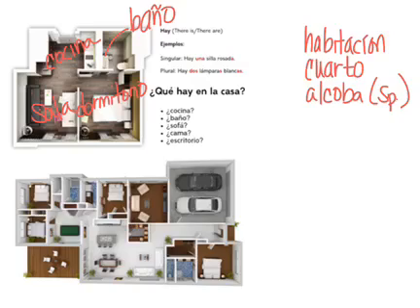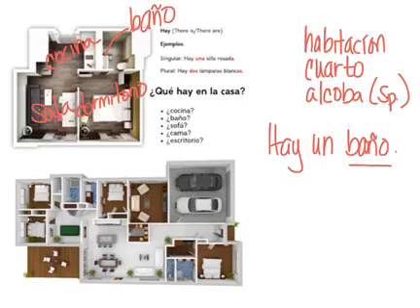So if the first one were my house or my apartment, more likely, I could say, I'm going to put either un or una, because I'm looking at this, I see there's only one of each. Hay un baño. Since this is masculine, I have to make sure I'm using un. Hay una cocina.